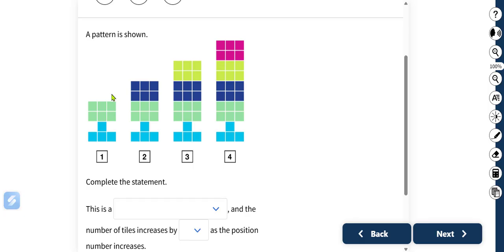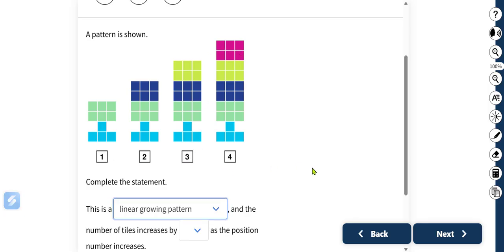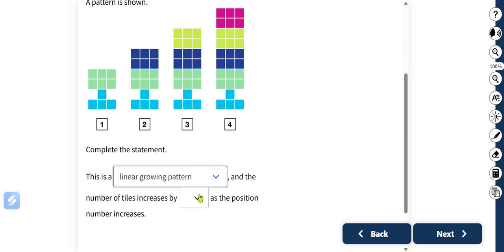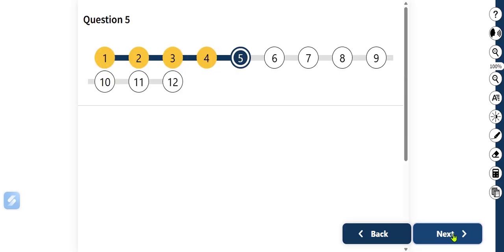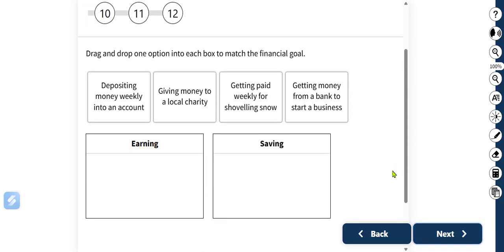If you look here, this one increases by 6 small squares, again by 6 small squares, and again by 6 small squares. So we can say this is the linear growing pattern, and each time it grows by 6. Now you have to drag to the correct box.